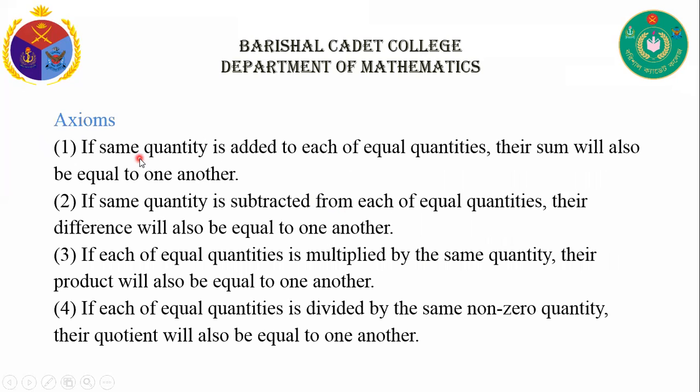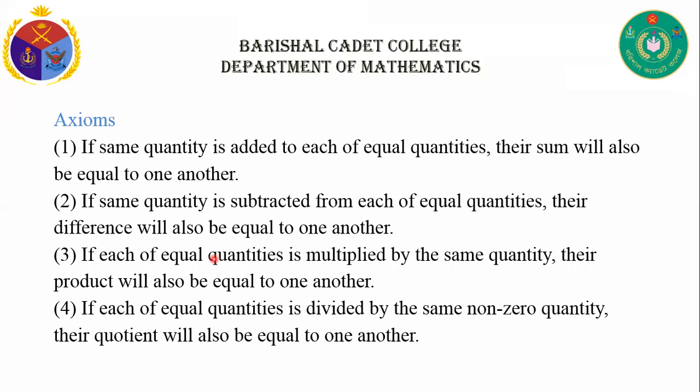Axioms. If the same quantity is added to each of equal quantities, their sums will be equal to one another. If we add the same number on both sides, then it is okay. The second axiom says that if we subtract the same number from both sides of an equation, there will be no change.